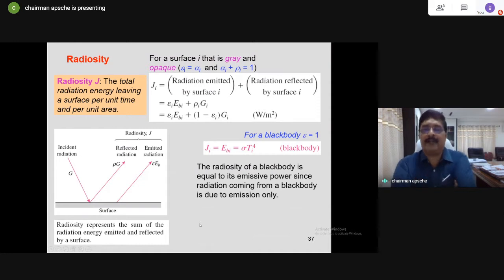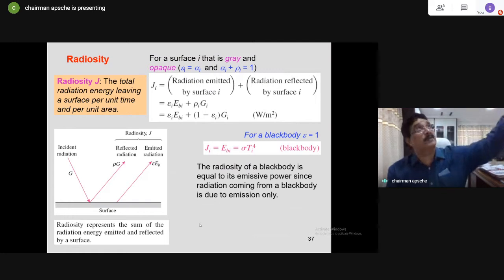Now, I would like to derive a generalized equation. I define two terms to you right at this point. The incident radiation, I call it irradiation, G, in watts per meter squared. See, my palm is a surface. It is receiving radiation from this bulb, this roof, this laptop, this wall, this curtain.